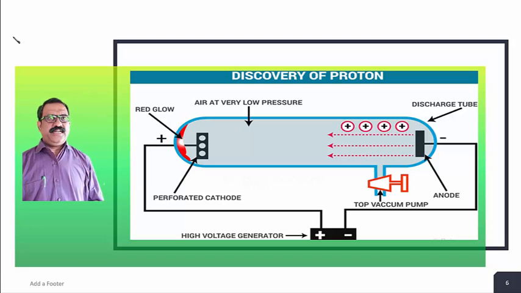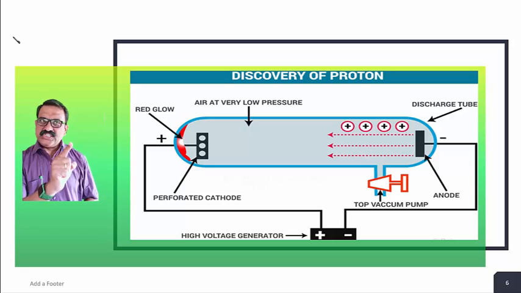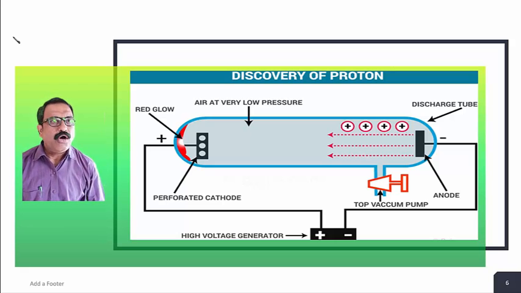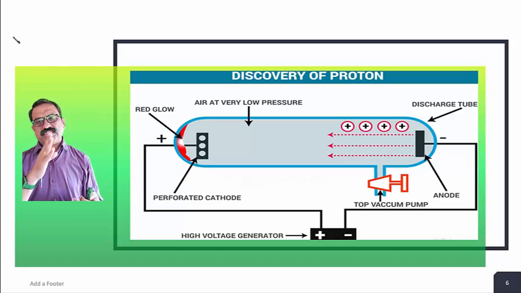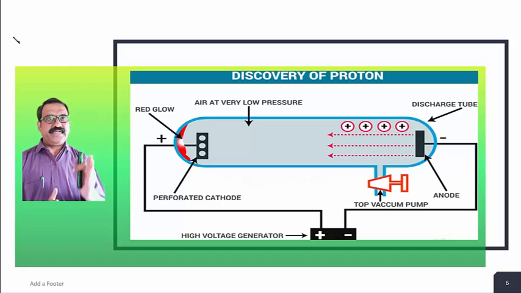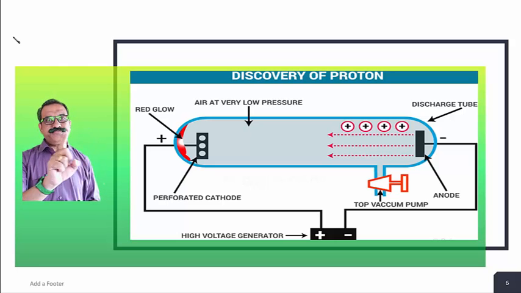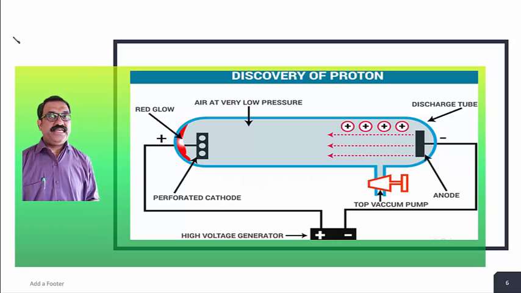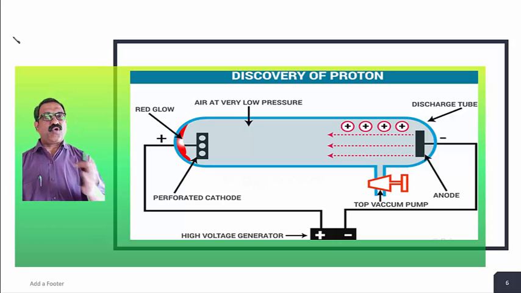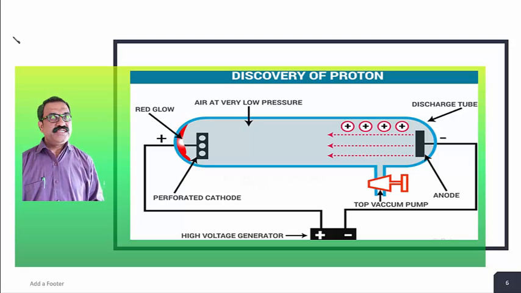The experiment contains a discharge tube. A low pressure is created in this discharge tube with the help of a vacuum pump. Air is removed from the discharge tube and a vacuum is created. High voltage electrical current is applied across the electrodes, that is, the positively charged anode and negatively charged cathode.